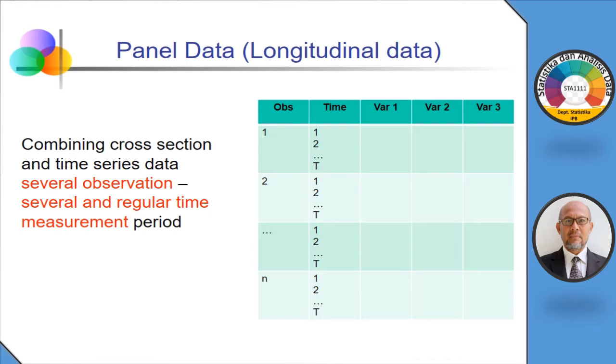We call them variable 1, 2, 3, and so on. If you have a data structure like this, then we call it panel data.